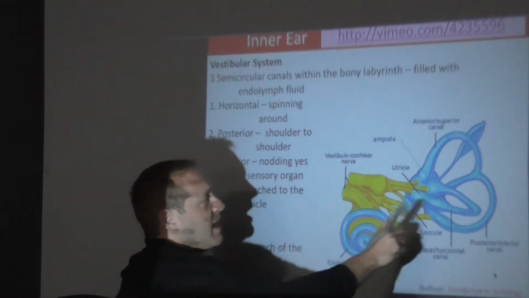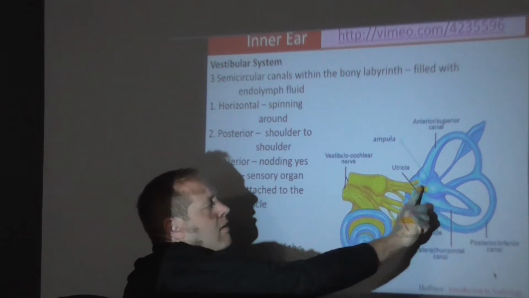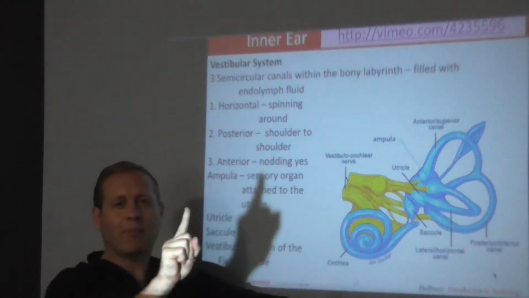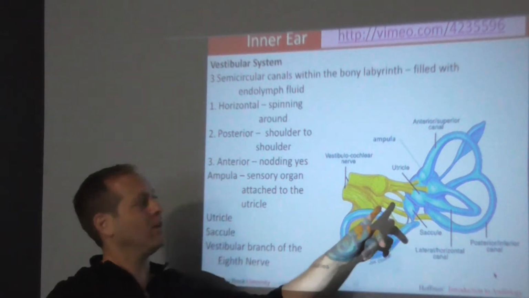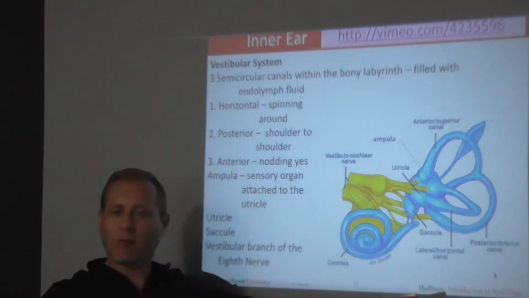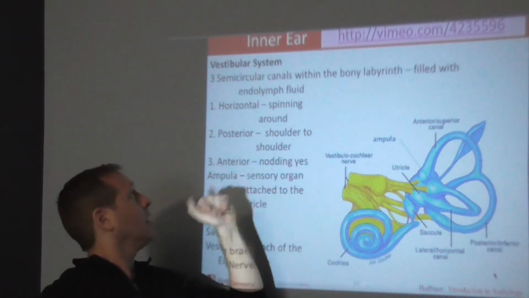The horizontal set, also known as lateral, gives us information about our body when it's spinning around, okay? So picture the fluid in that horizontal canal moving as I spin around. Vestibular, balance.